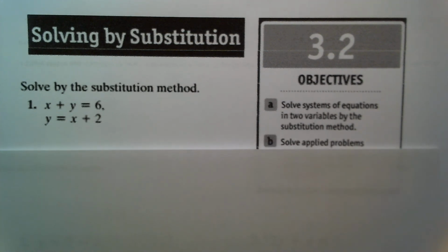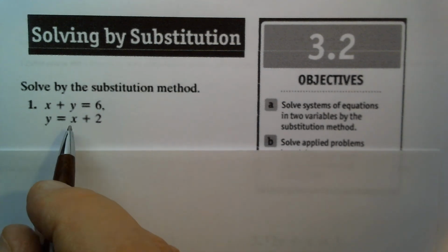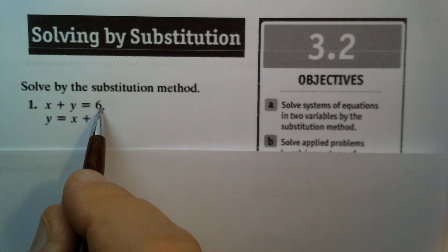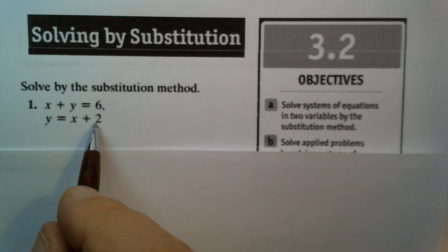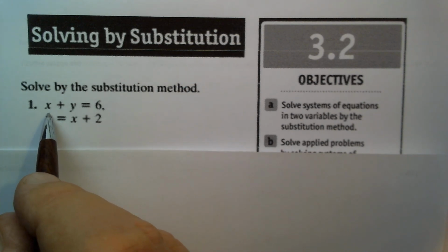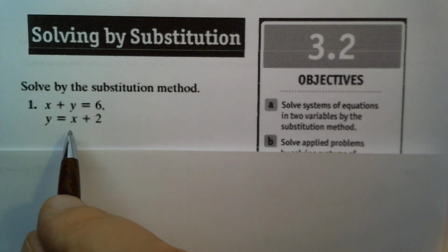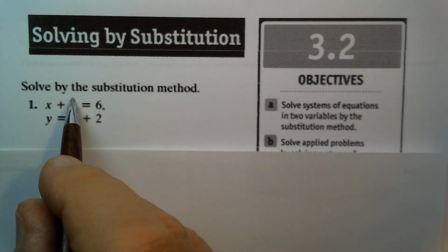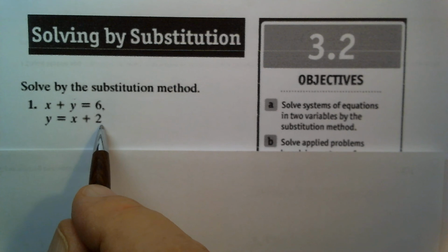The idea of substitution is really pretty simple. Let's say we have this system of equations x plus y equals 6 and y equals x plus 2. Two equations and two variables. But we are given explicitly what y is in terms of x. So think about replacing this expression of y with x plus 2.